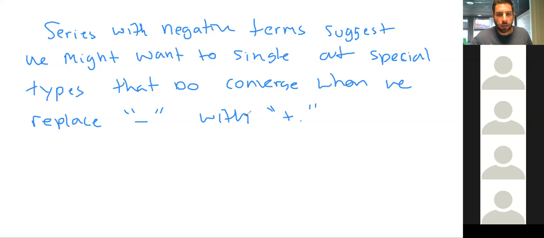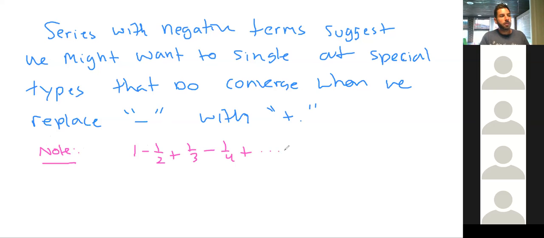So let me beat these examples one more time before we make this definition. So note, one minus a half plus a third minus a fourth plus blah, blah. This guy converges. But if we replace all these minus signs with plus signs, we get a divergent one.